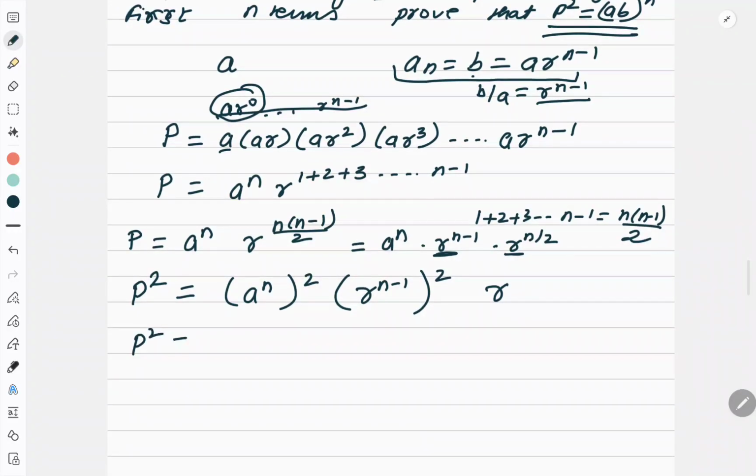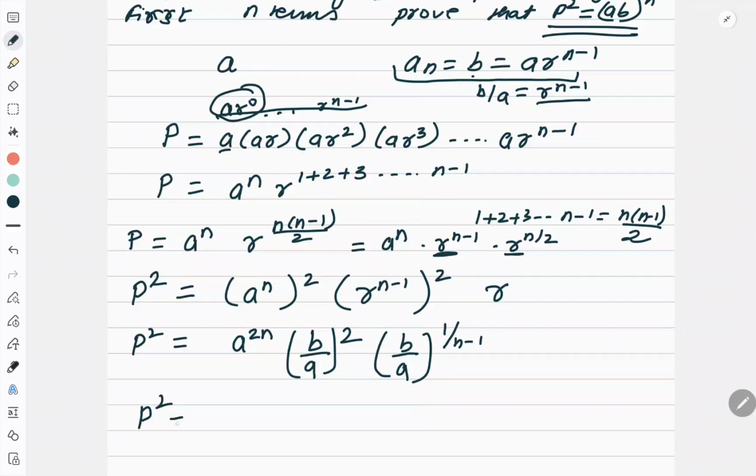So p square is equal to a to the power n. Okay. Then this is b by a square. Okay. And then you have r, which is b by a to the power 1 upon n minus 1.